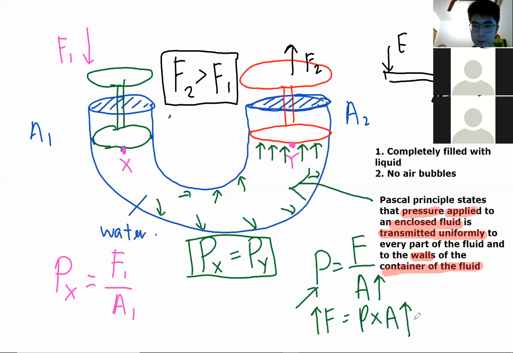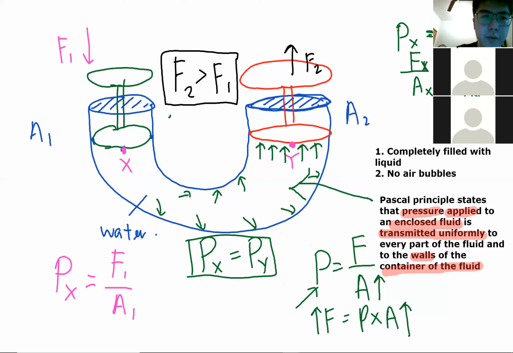Now, the formula from here, let me just erase the one on the right. Okay, so since the pressure at X equals Py, I can write Fx Ax, the force and area at X, equals Fy over Ay.